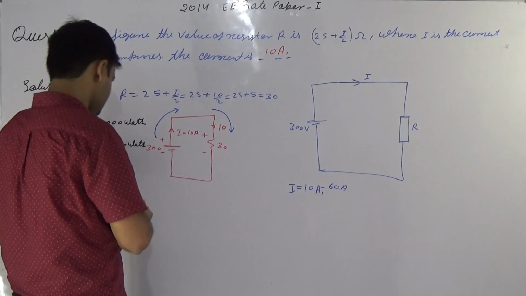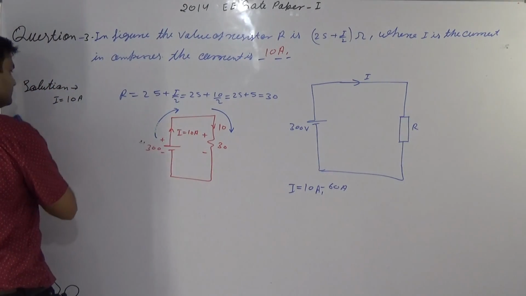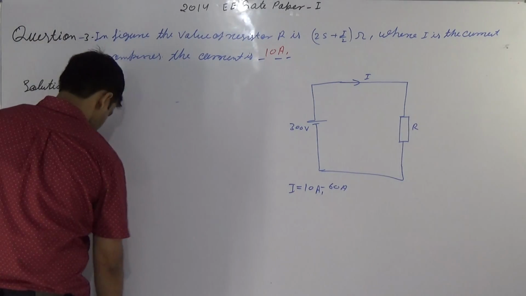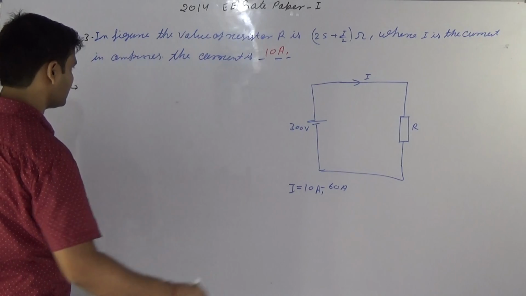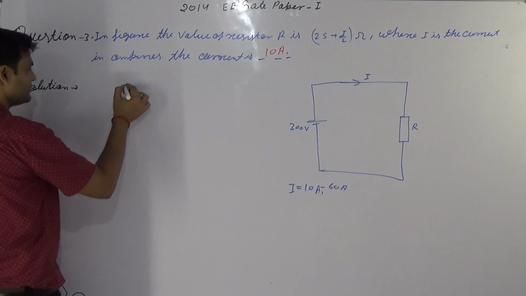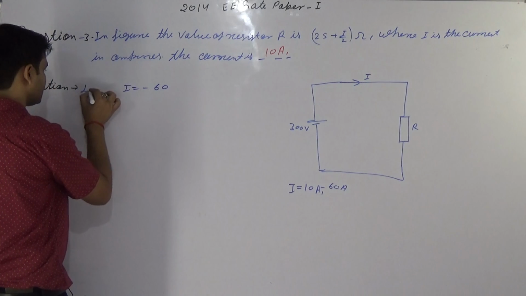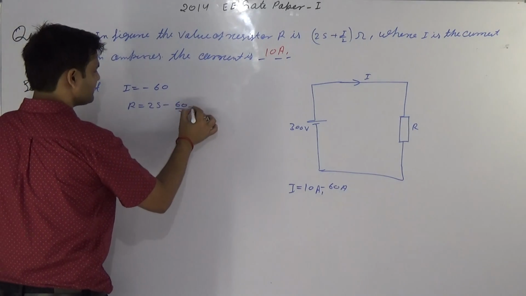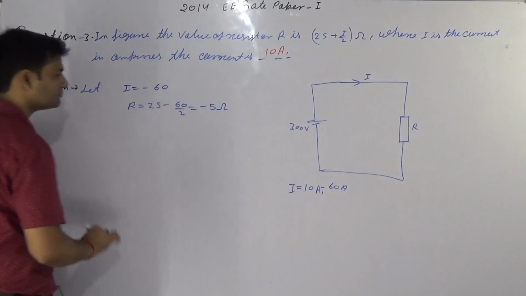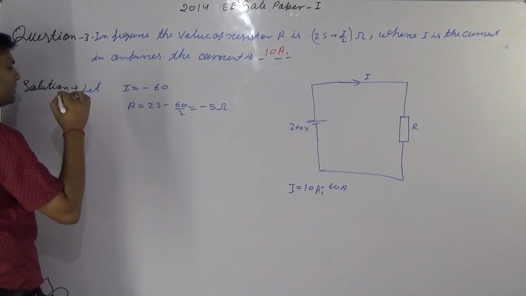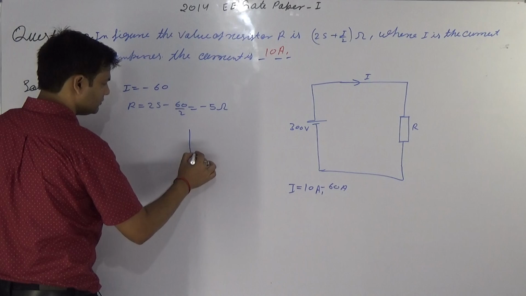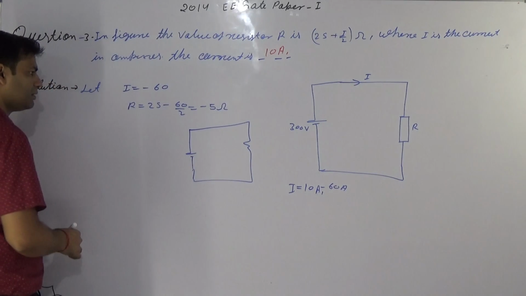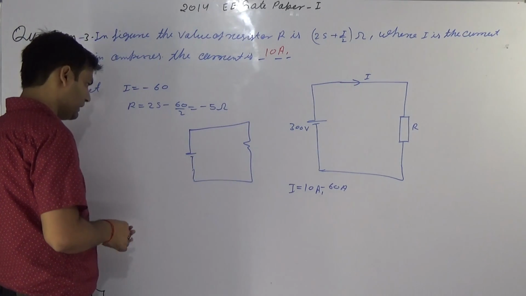Now check the other one. I equal to minus 60. Is this a valid solution or not? Suppose I equals minus 60, then R is 25 minus 60 by 2, which is minus 5 ohm. It is clear the load resistance is negative.